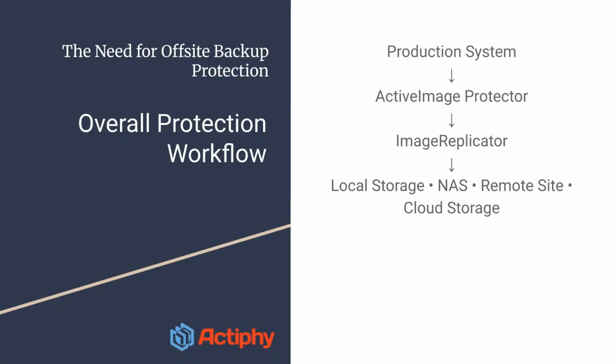The workflow is simple. ActiveImage Protector creates backups, and ImageReplicator monitors them and automatically replicates them to destinations like local drives, NAS, remote sites, or cloud storage. This adds protection without altering your backup process.